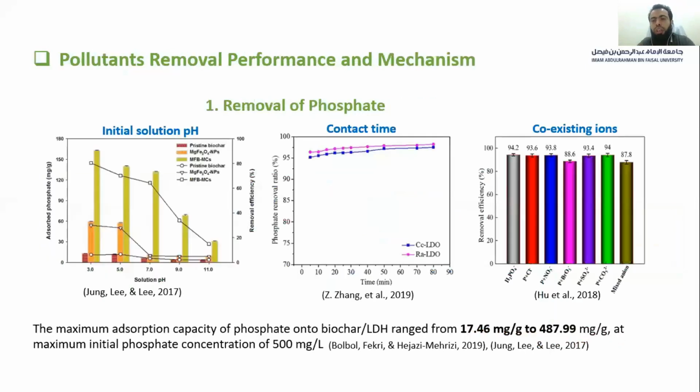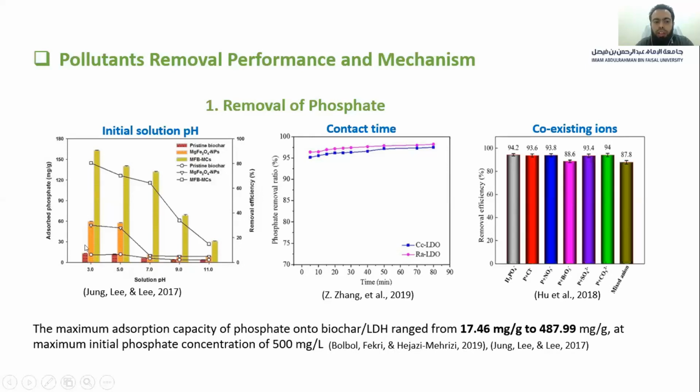Now, if you come to the removal performance of these composites, LDH biochar, and their mechanism, for the removal of phosphate, they showed highly promising uptake. You can see it here in the first graph. The LDH biochar composite showed high removal performance, up to 150 milligram per gram, compared to the LDH alone and also the biochar.